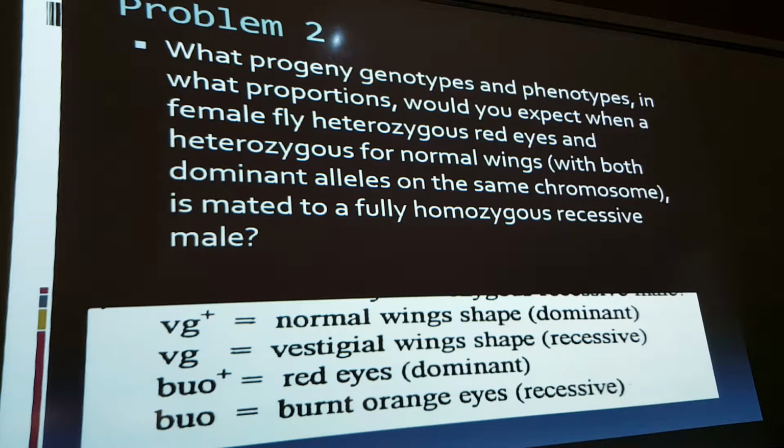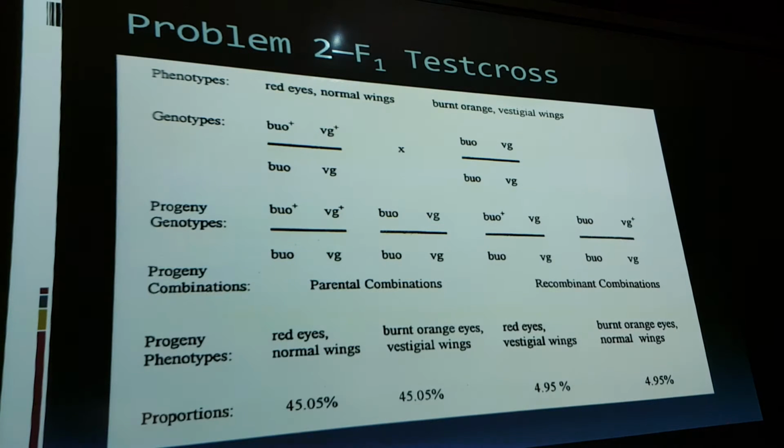So, what progeny of genotypes and phenotypes and in what proportion would you expect when a female fly, heterozygous for red eyes and heterozygous for normal wings, with both dominant alleles on the same chromosome, is mated to a fully homozygous recessive male? So it sounds to me like they're sort of starting you off with the F1.